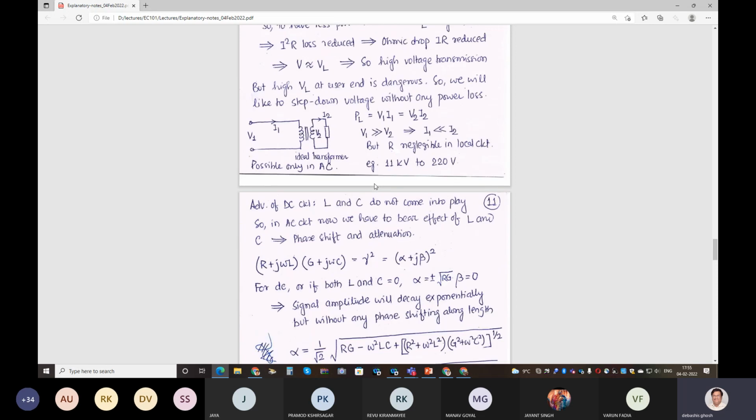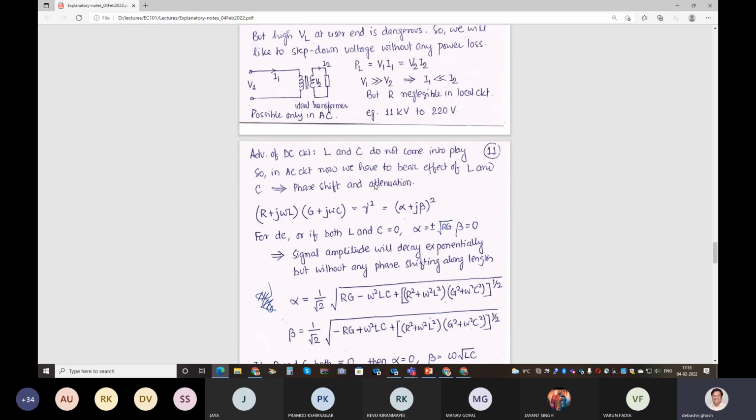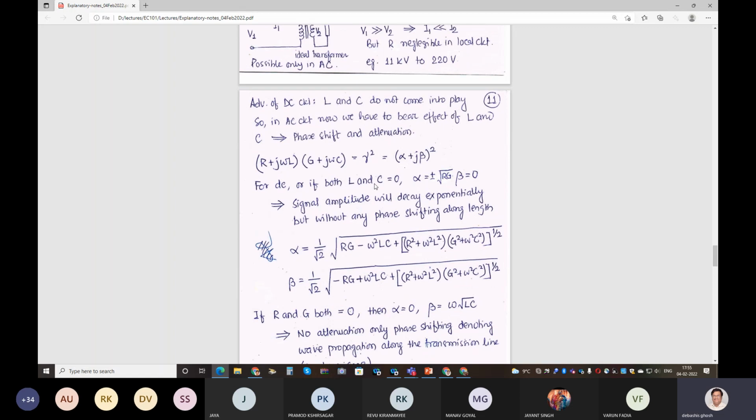However, the question was why we are discarding DC. So no DC, now it is AC. When it comes to AC power transmission, we don't go for high omega. Power transmission is done at 50 hertz or 60 hertz. In some countries it is 60 hertz, in some countries it is 50 hertz.